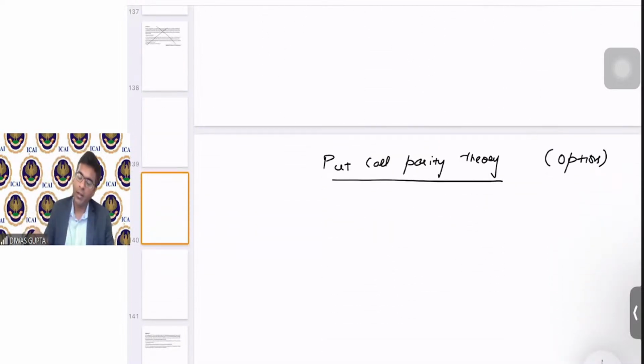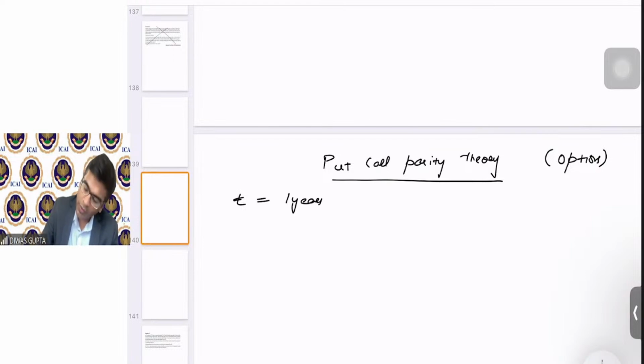So students, what is put call parity theory? I've built it through one example. I just want all of you to follow me in that example. Then it will also be crystal clear along with the logic. So just hear me out, students. I've taken a simple example where let's say the time is 1 year.